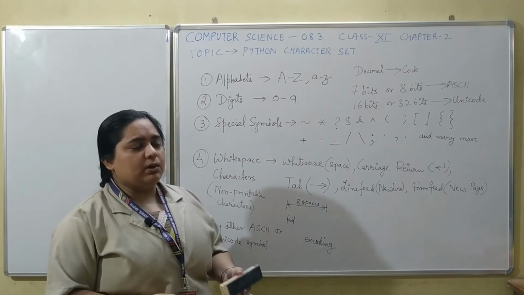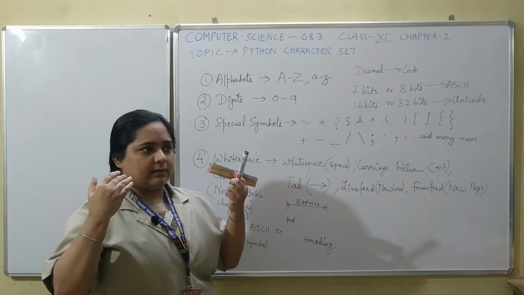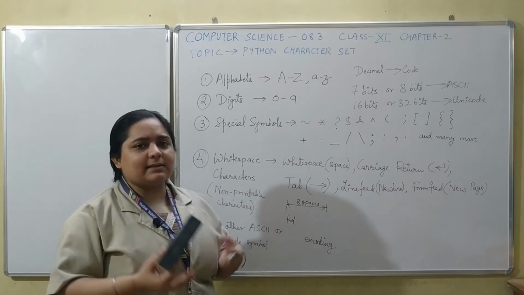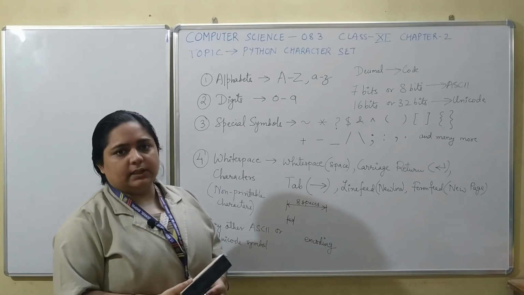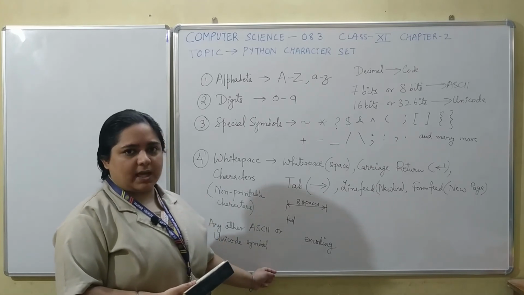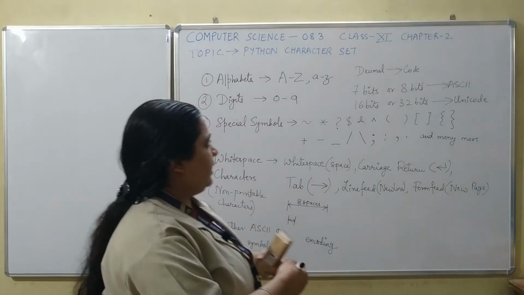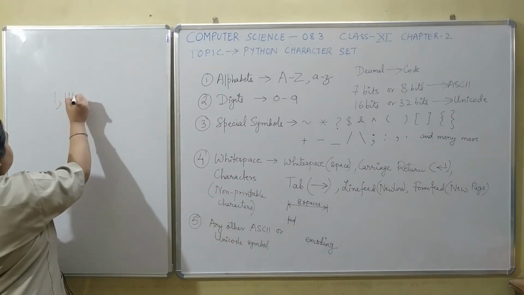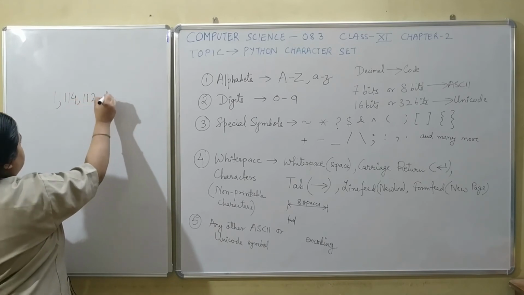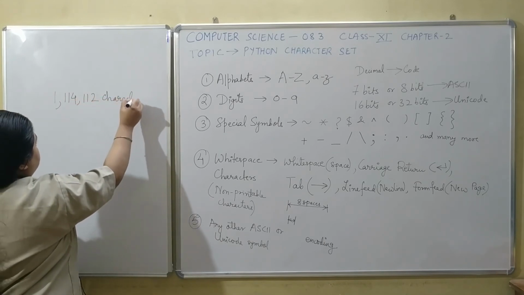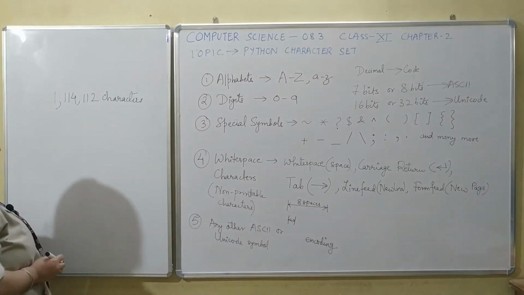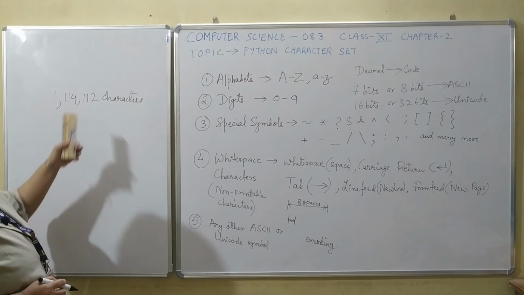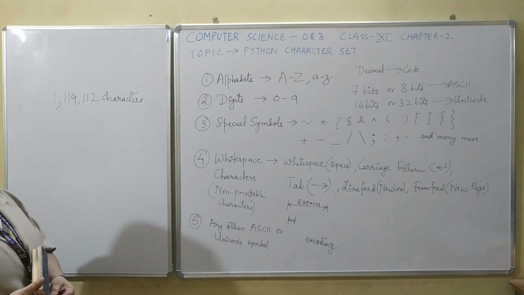Unicode is able to represent some lakhs of characters, about 1,114,112 characters of the world.